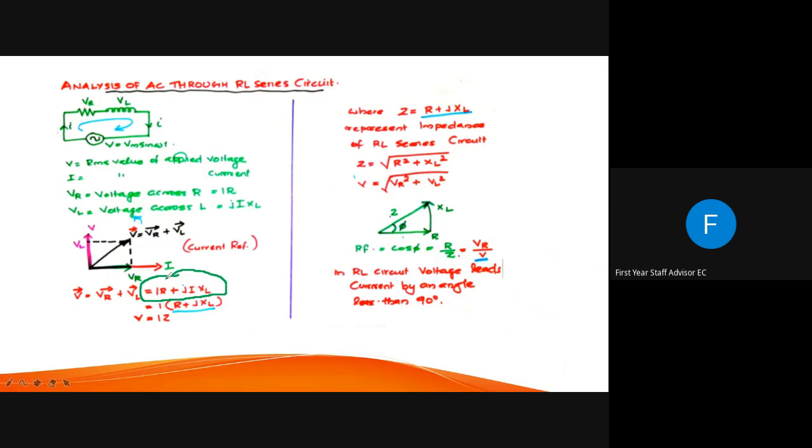Now what I am going to do is, since I is common, I am taking I outside, and now it becomes I into (R plus jXL).